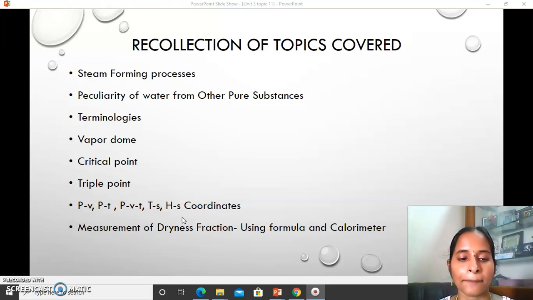And then next we are coming to the very important topic of measurement of dryness fraction.